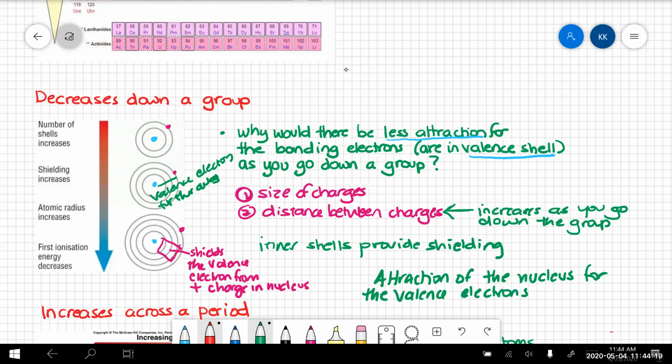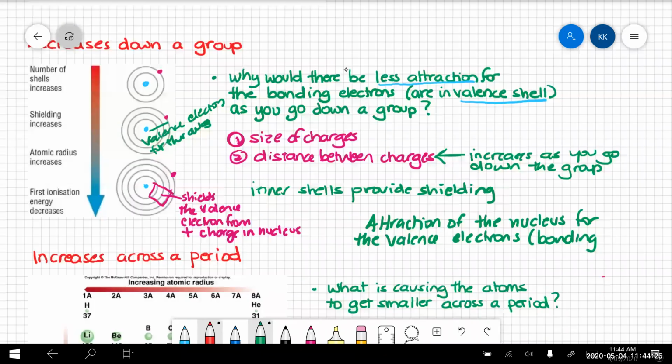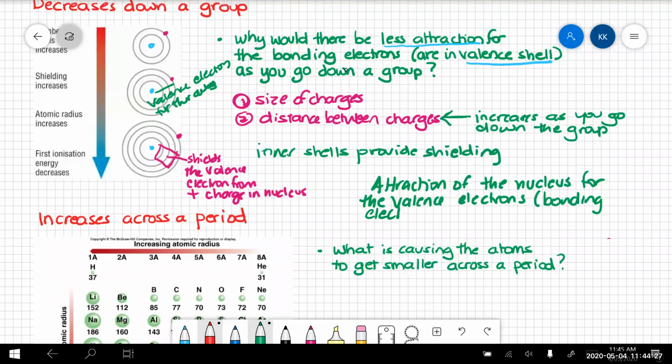Remember, the valence electrons would be the bonding electrons. So as you go down the group, your electronegativity is going to decrease because you simply don't have as much attraction between those bonding electrons and the nucleus.